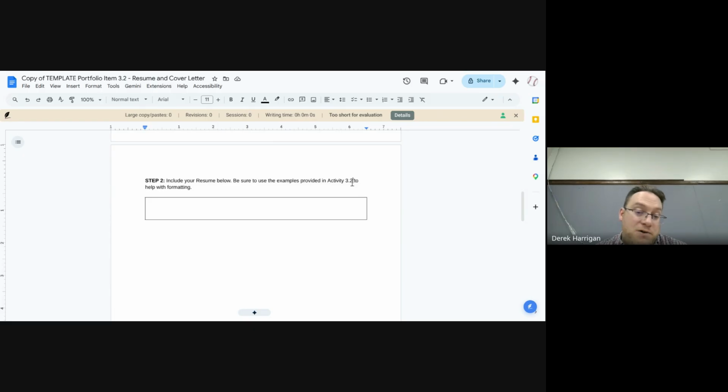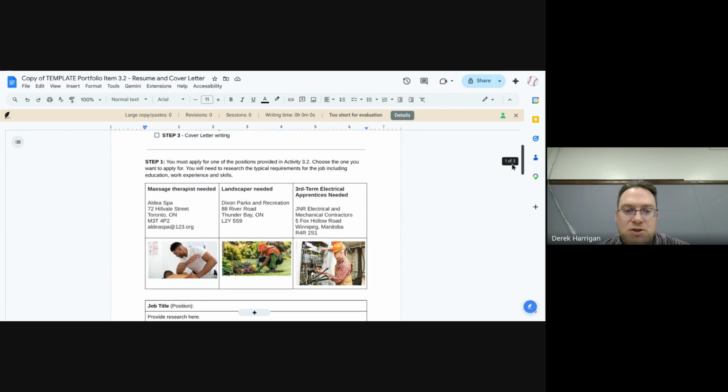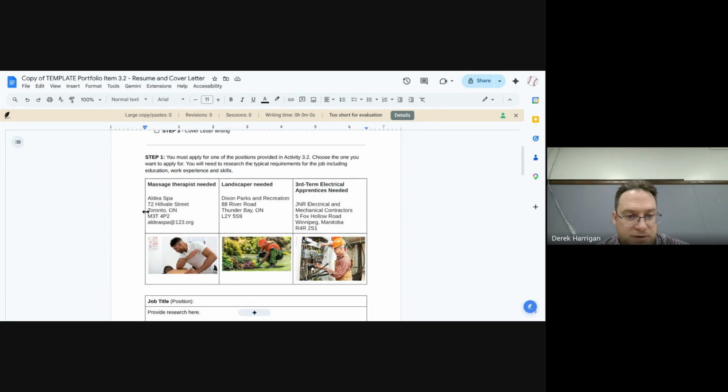You might already have a resume and a cover letter that you've previously written, but if you're going to use that as a template, that's fine, but make sure that you're using the proper structure that we're talking about in activity 3.2, and make sure that you're tailoring the resume to the job that you're applying for, whether it be the massage therapist, the landscaper, or the electrical apprentice.